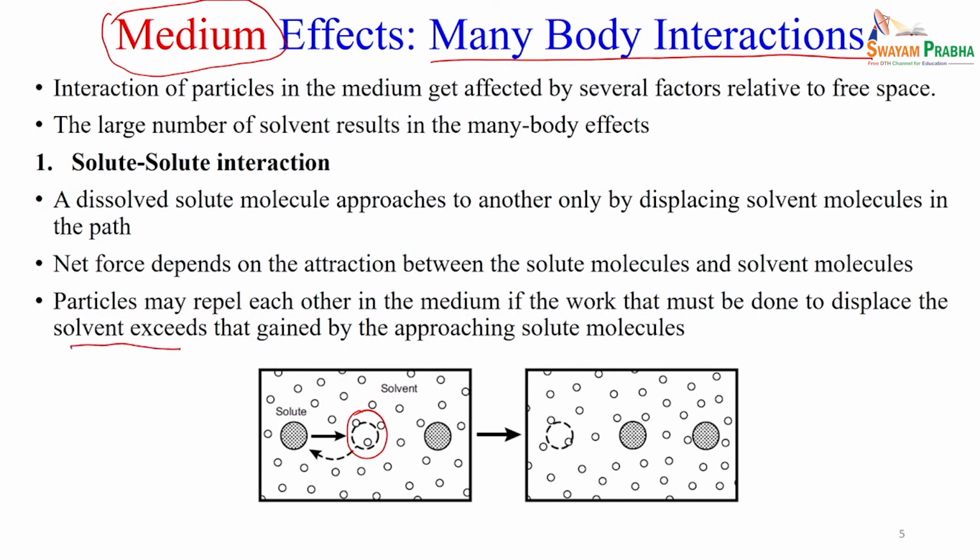It means if the solute-solvent interaction is stronger than the solute-solute interaction, then the particles may repel each other. So, you can see this effect of the solvent is very strong. It can totally change the kind of interactions between the two particles which were there in free space. This is the first, the solute-solute interaction.